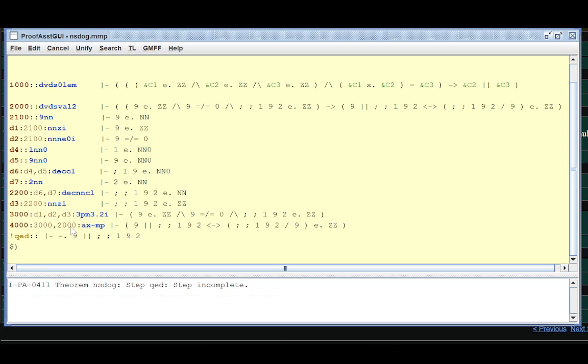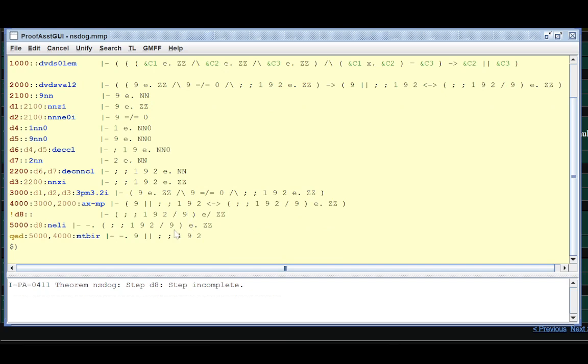So what we need to do is prove, this is where I want to go, right? I want to say this is not true. It is not true that that is the case, right?